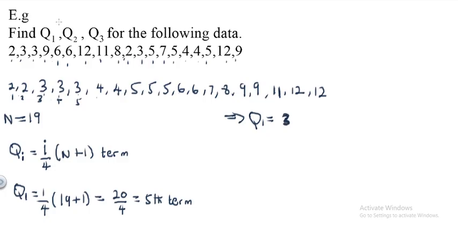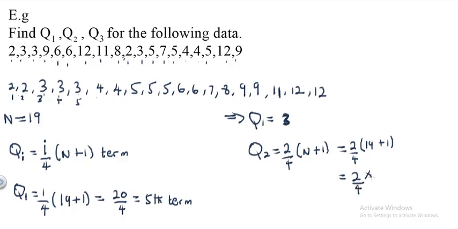For the second one, we're asked to find the second quartile. We still use the same formula that we used to find the position of the first quartile, so Q2 is equal to 2 over 4, open bracket, n plus 1. From here, I know that n is 19, so this will be 2 over 4 times 19 plus 1, which is 2 over 4 times 20.